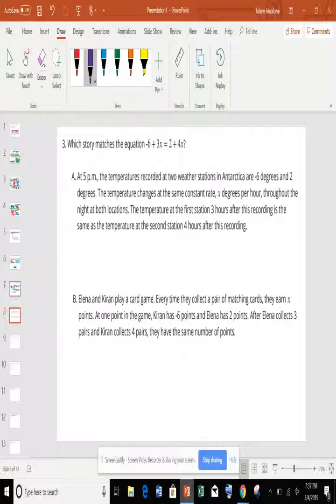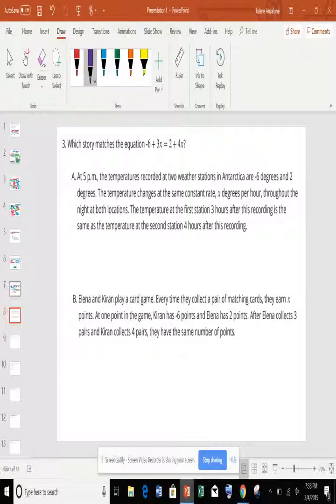Number 3, which story matches the equation -6 plus 3x equals 2 plus 4x? So you're going to have to look at the information in both of these problems and decide which one seems to match up with these equations. Now, a couple things to remember, because I'm not going to give you the answer on this one.